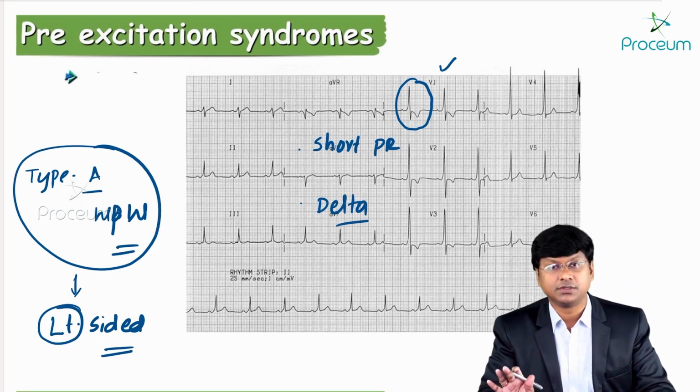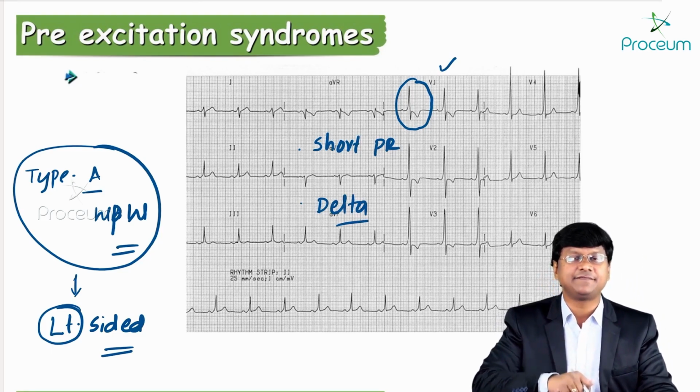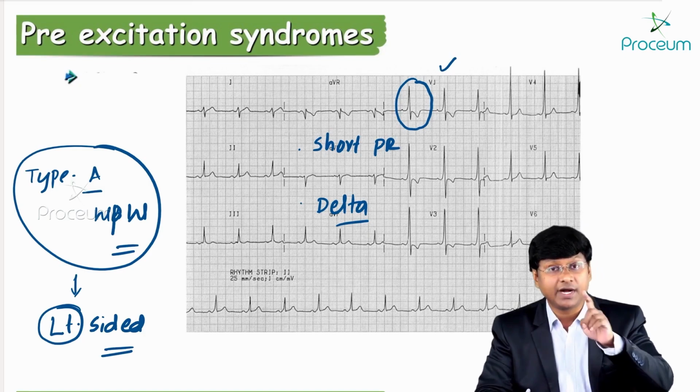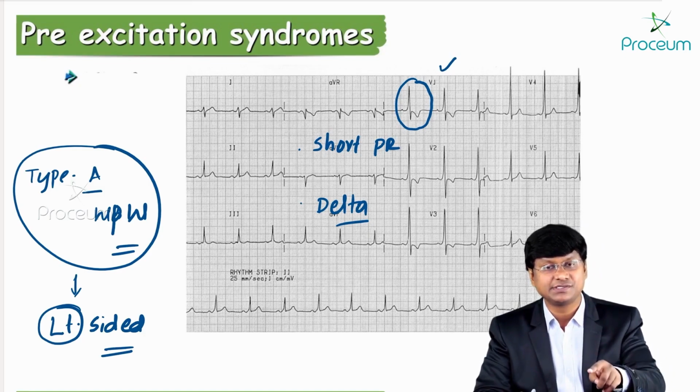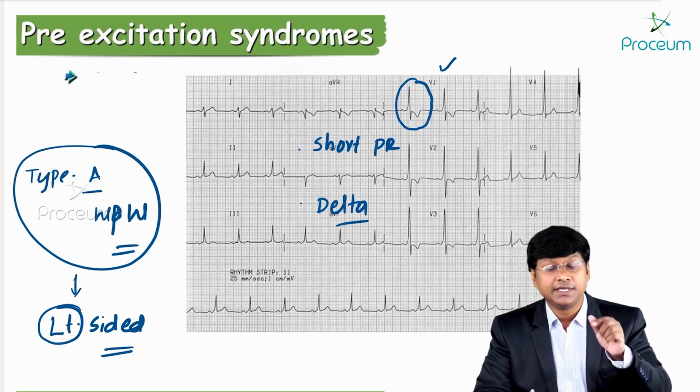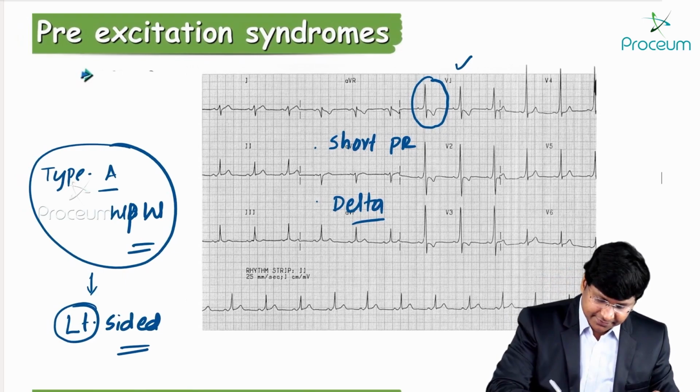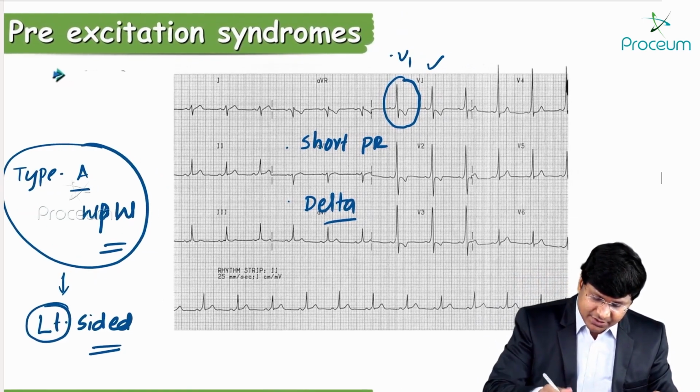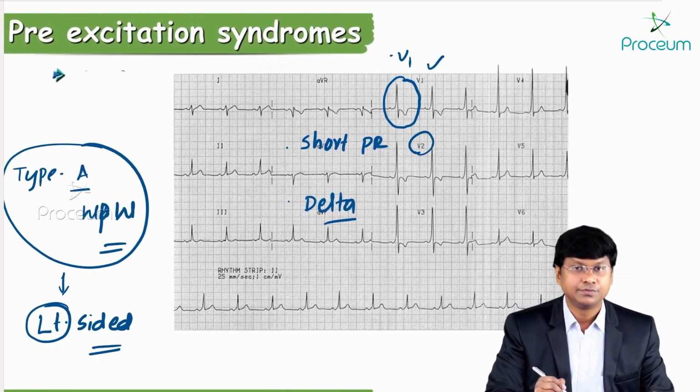All that as usual. But how to identify the left-sided pathways? You identify them by the presence of increased R wave amplitude in lead V1 as well as in lead V2.